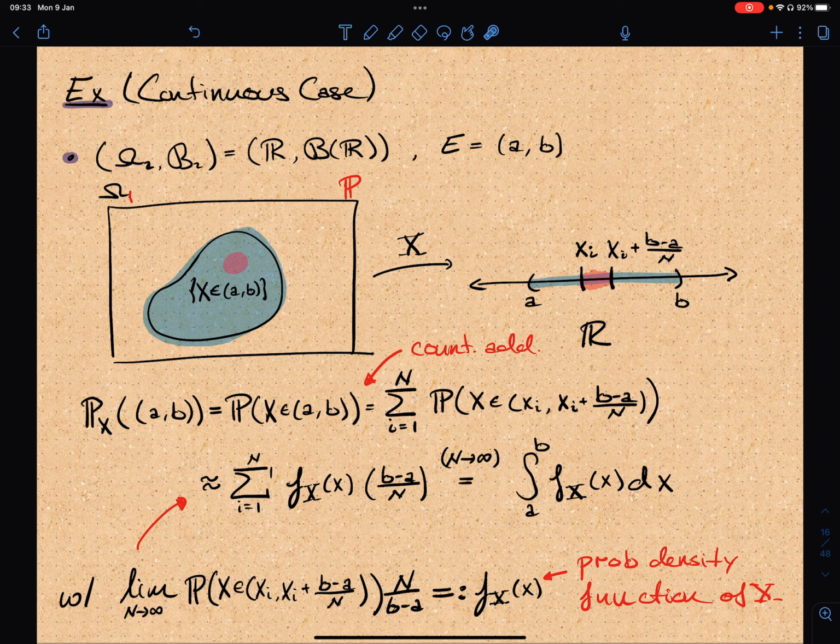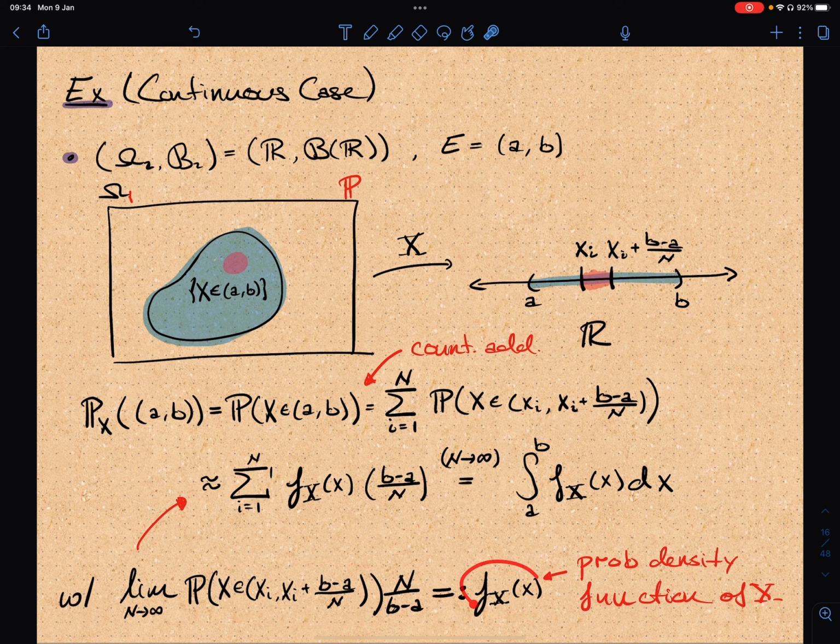And this is a density because you can think of it as mass per unit area. So this is going to be a density function, a probability density function, and we can take this limit. If we want to get this type of term, then we have to multiply this term by b minus a.